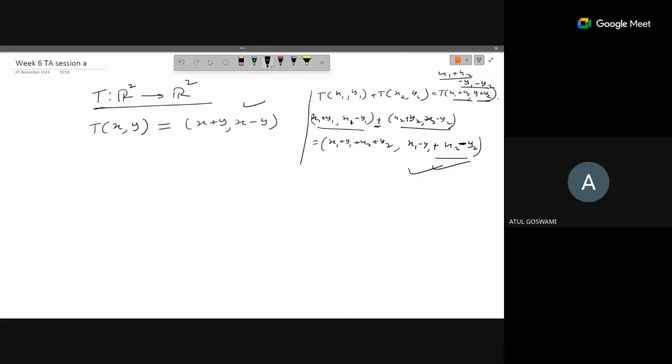Basically, all those vectors in R2 which map to the zero vector, all those x and y which map to zero. So I set x plus y equals zero and x minus y equals zero. When I solve this system for x and y, what will I get? The kernel.